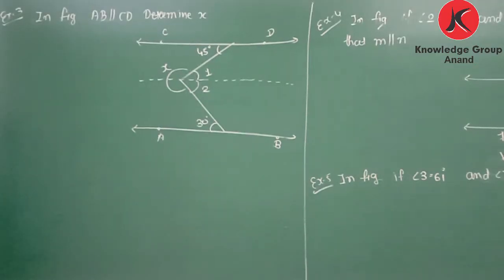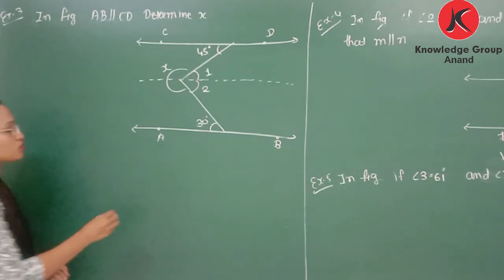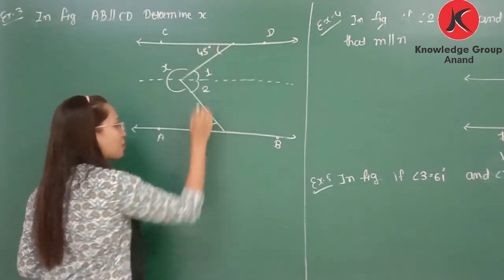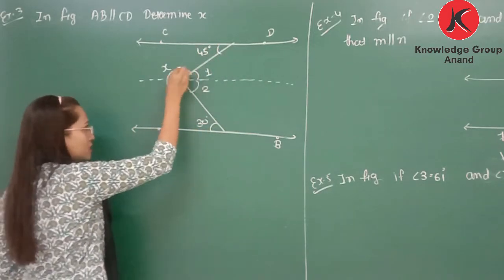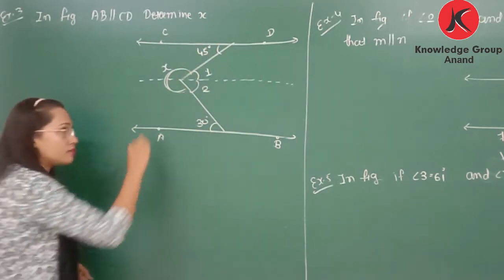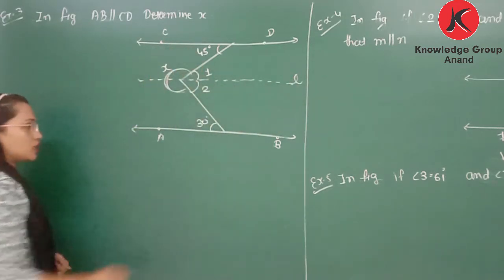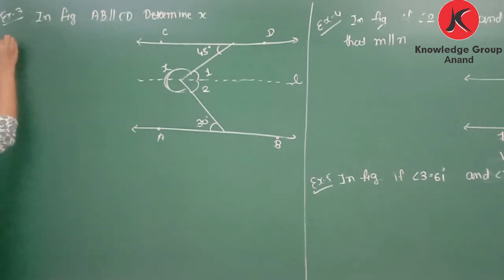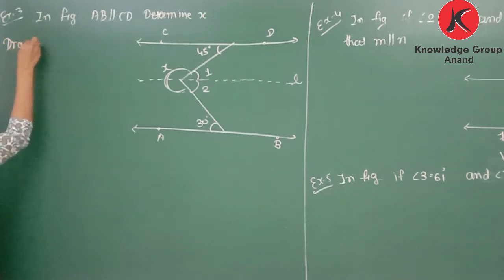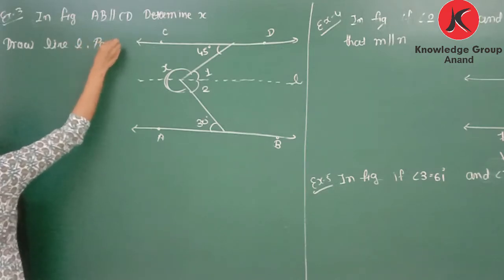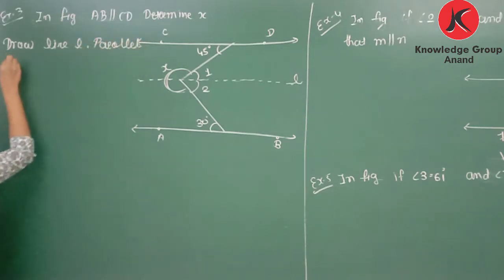In the figure AB is parallel to CD, determine angle X. So here in the figure this line is AB, this is line CD, they are parallel to each other, and you need to find this angle. So first of all we will draw a line L parallel to CD.